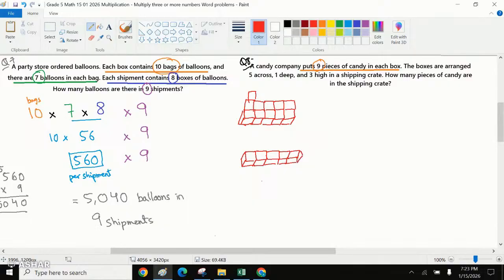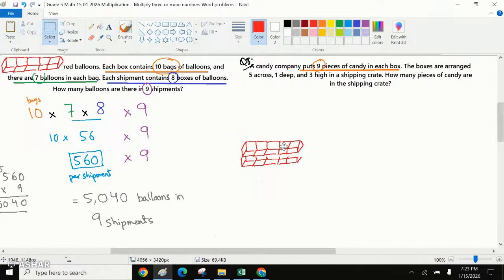So we had 5 boxes, 1 deep, and they were 3 high. That means they were on top of each other. There was 1 row, then another row, and a third row. That means it had 3 heights. So how many boxes would be there in total? There were 5 over here, 3 as the height, and 1 deep. So how many total boxes are there? Cannot understand?